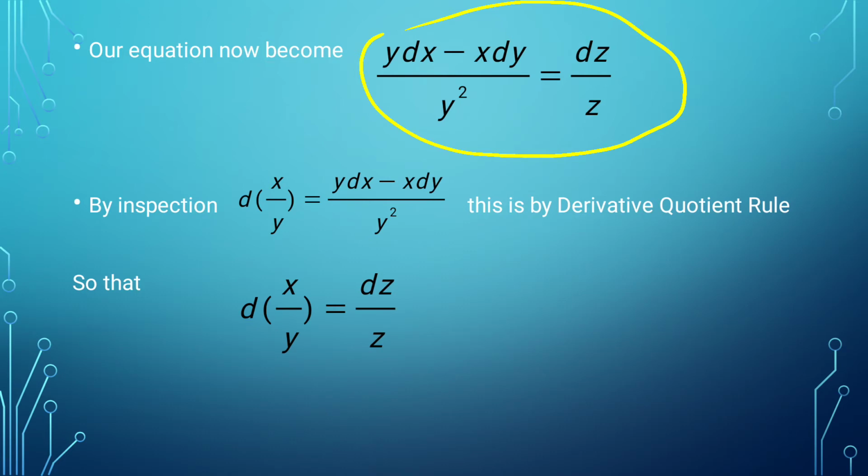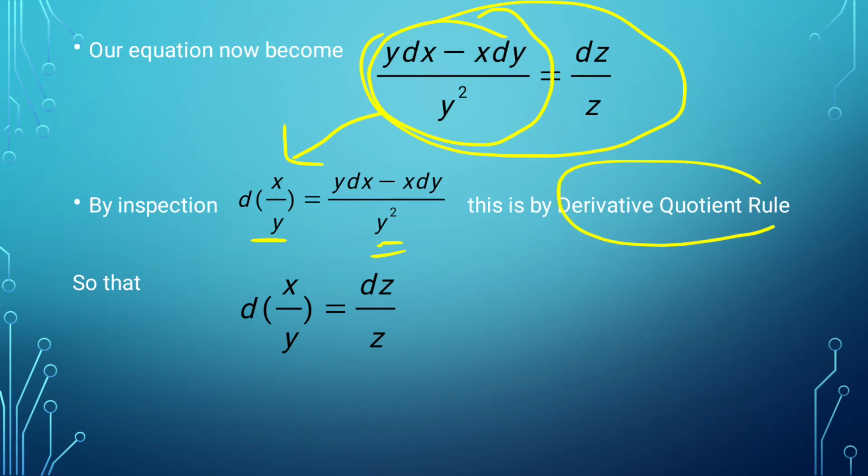If you look at this particular part here, it can be reduced by inspection, by differentiation, to look like that. So this is actually a condensed form of this, which is basically an application of the derivative quotient rule.